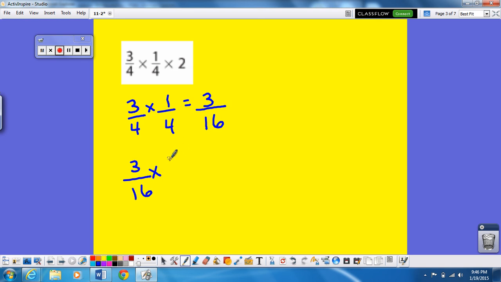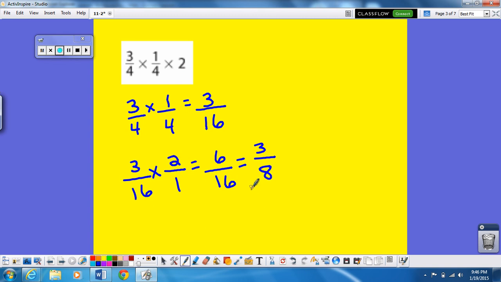Remember how we learned to do this. That 2 is really 2 over 1. 3 times 2 is 6, 16 times 1 is 16. These are both even numbers, so I know I'm not finished. These are both divisible by 2. 6 divided by 2 is 3, and 16 divided by 2 is 8.